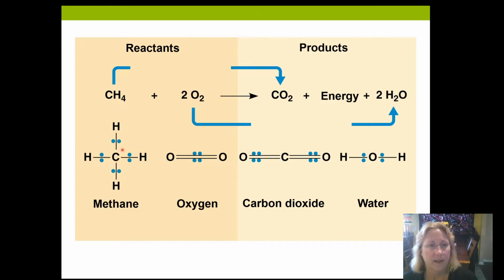Now down here we have the Lewis structure so that you can see the electrons a little bit better. In methane, carbon and hydrogen share the electrons equally. And in oxygen gas, the two oxygen atoms are equally powerful, and so they're sharing the electrons equally. However, in carbon dioxide, carbon has lost the electrons, because oxygen now is the electron hog.